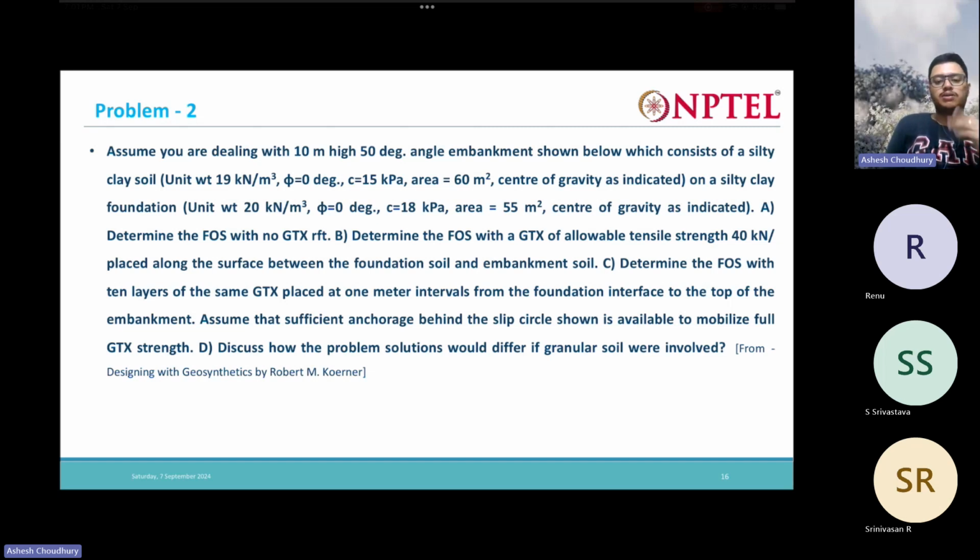So first, unreinforced, we determine the factor of safety. Then with only one geotextile, then with 10 layers of geotextile. And then we need to discuss how we would solve it if the soil was a C5 soil only, instead of this.